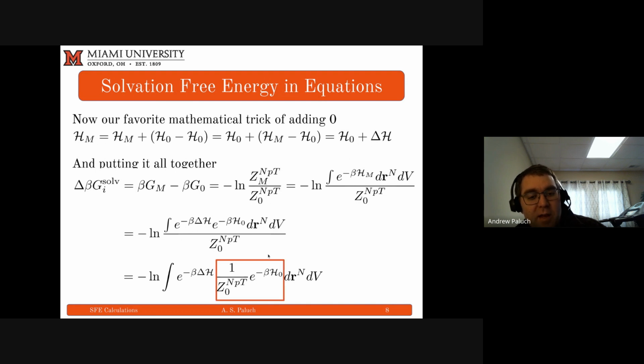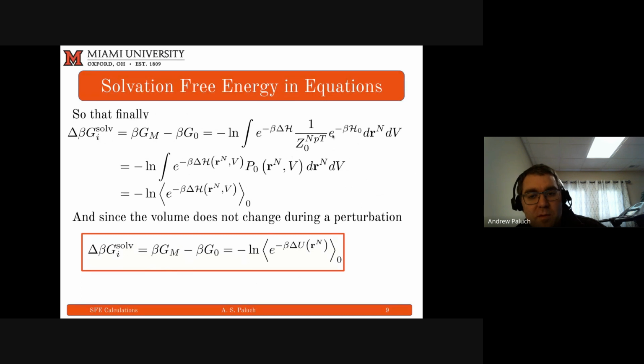So I write that on the next line. This term just becomes the probability of observing a given configuration within my reference state. I'm going to call that P naught, and it's a function of position and volume. And so finally, what I get from this is the integral of e to the negative beta delta H times P naught, the probability of observing a given configuration in my reference state, integrated over all of configurational and volume space.